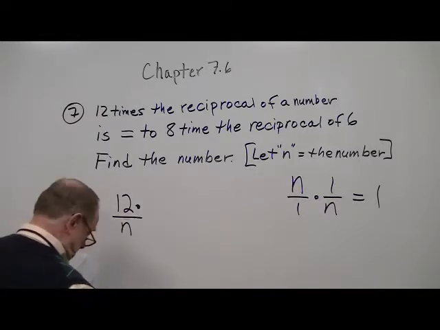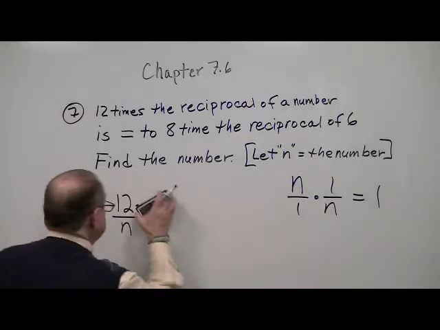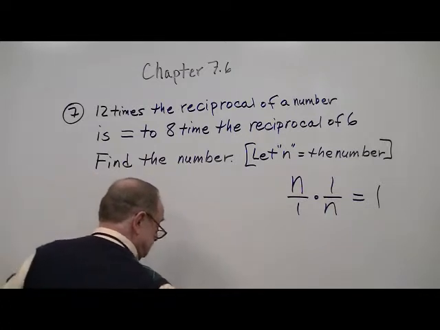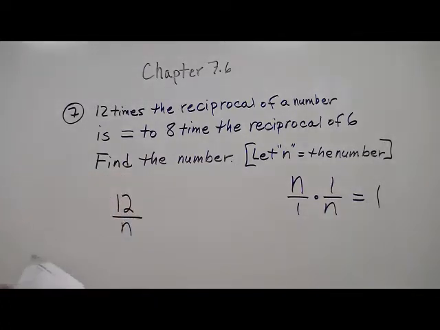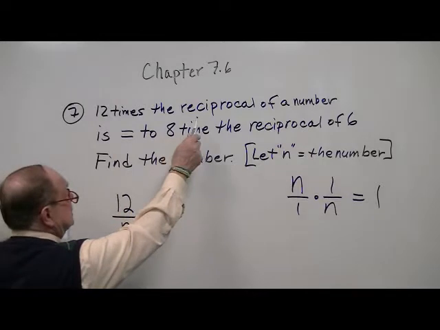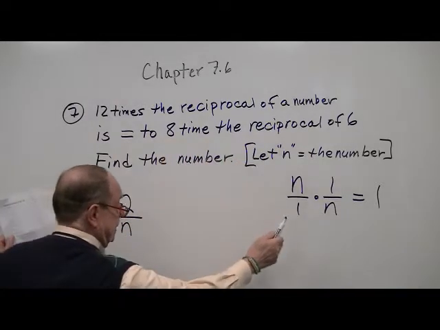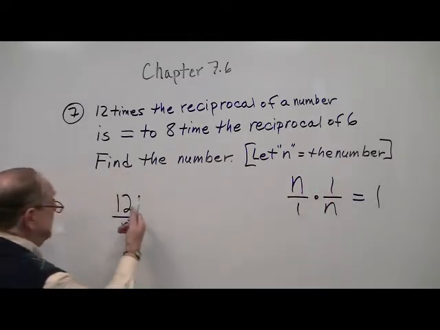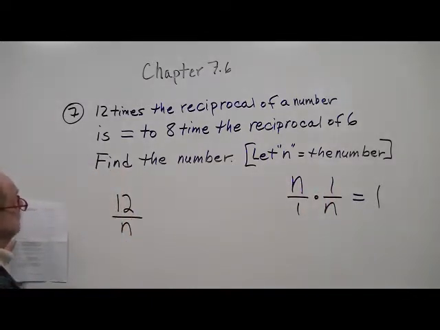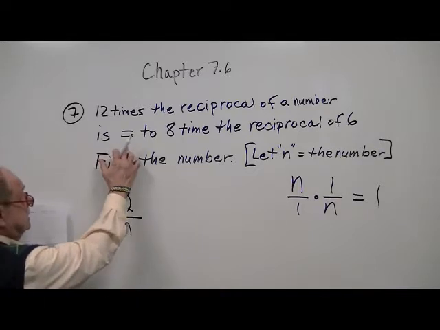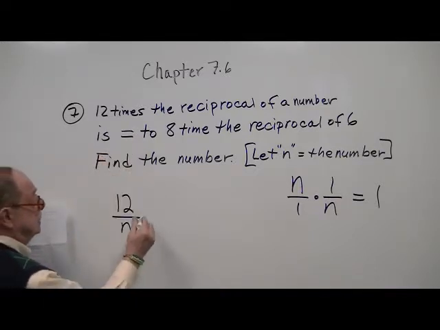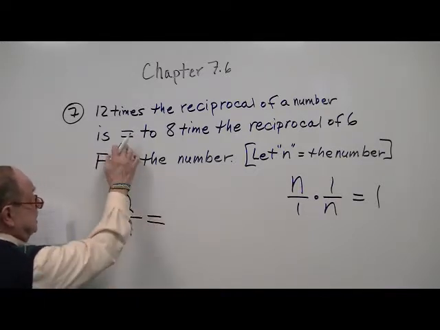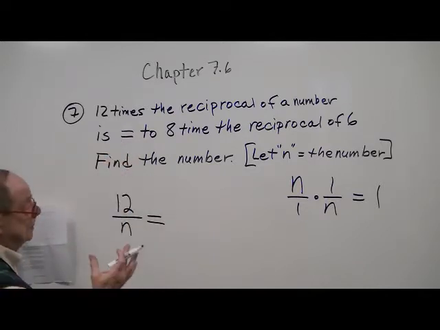So that's sort of what we need. So the first part, 12 times the reciprocal of a number. There's the reciprocal of a number. We're going to multiply it by 12. It ends up as 12 over n. Is, and then we introduce the equal sign. I just put that in there to save a little writing.